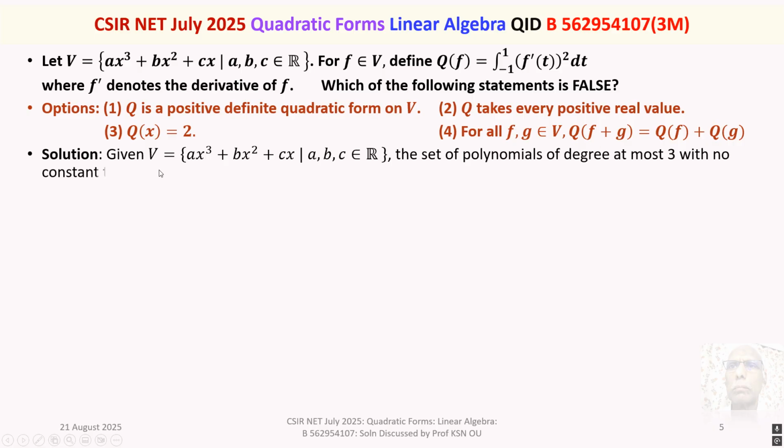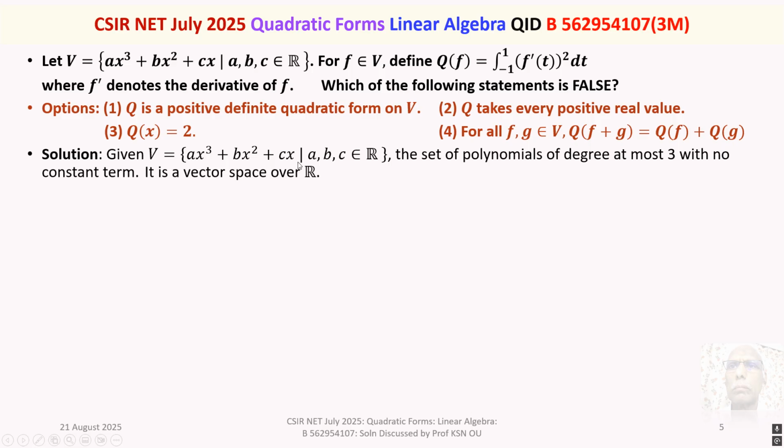We are given V is equal to the set of all ax cube plus bx square plus cx, where the coefficients a, b, c are coming from the real field. What is V? V is the set of all polynomials of degree at most 3 with no constant term.